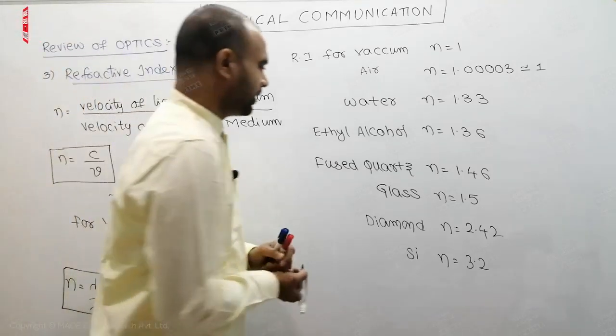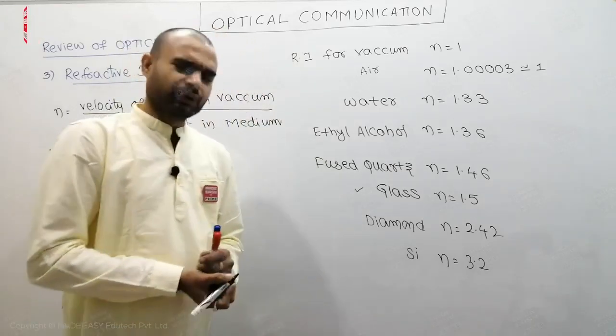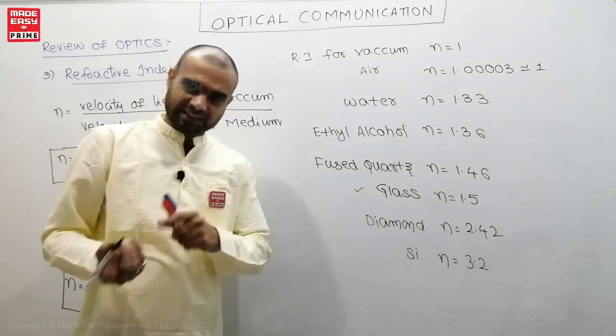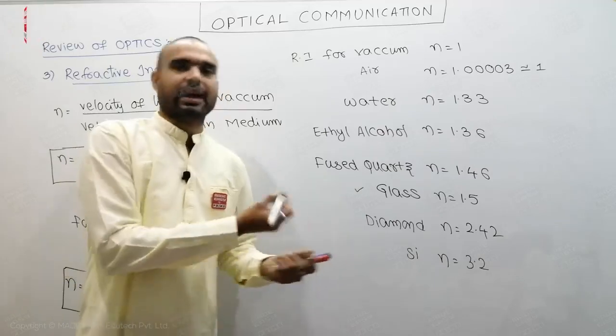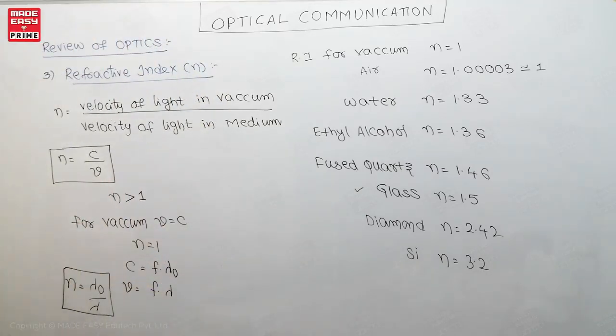Mostly we will have a requirement for glass, because fibers are manufactured with the help of plastic as well as glass. That's why we consider glass. Okay, so please copy this.